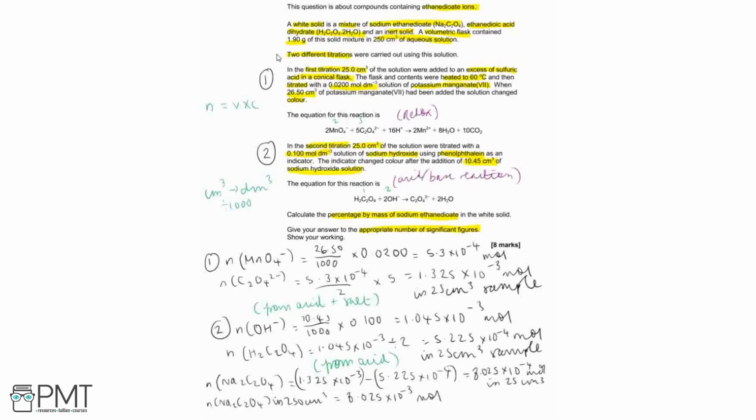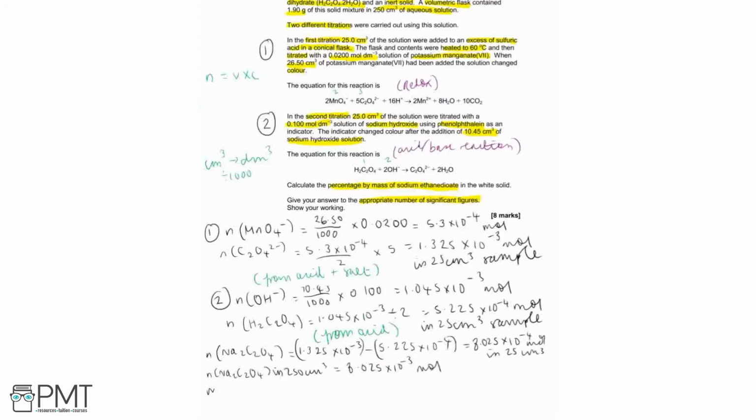We've got the mass of our solid mixture here. So we can use this mass in a minute, but what we can do now is work out the mass of our sodium ethanedioate, which corresponds to the number of moles that we've got. So we can do this by multiplying our moles by the molecular mass of that sodium ethanedioate. So our mass of the sodium ethanedioate in our sample is going to be equal to the moles times by the molecular mass.